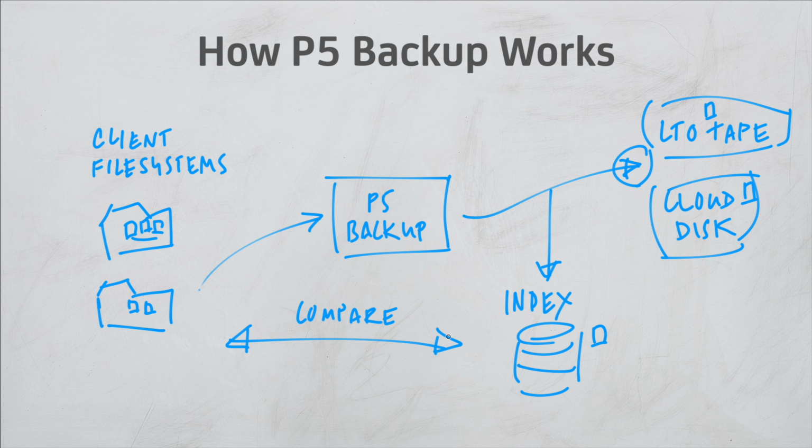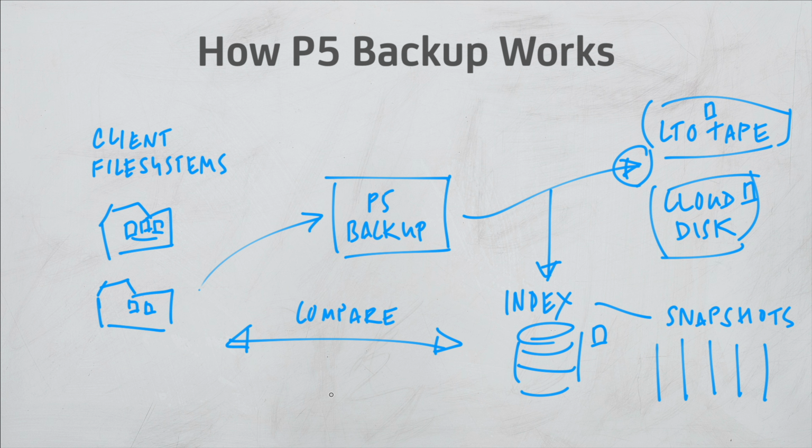Since the backup is going to run at regular intervals, the index contains what we call snapshots of the contents of your storage over time. So each time the backup runs, maybe each day, we're tracking what is in those client file system folders, so you can go back and browse the snapshots and recover data as it was at a previous point in time.